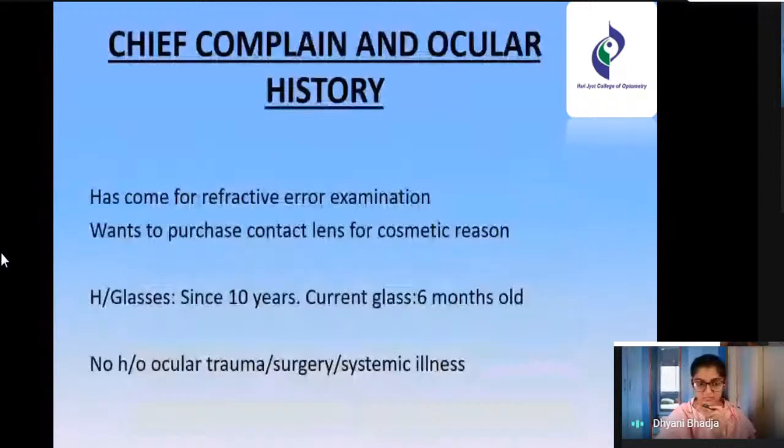She has come for refractive error examination, not having any chief complaint, and wants to purchase contact lens for cosmetic reasons. She has been wearing glasses for 10 years, and her current glasses are 6 months old. There is no history of any ocular trauma or surgery, and she does not have any systemic illness.